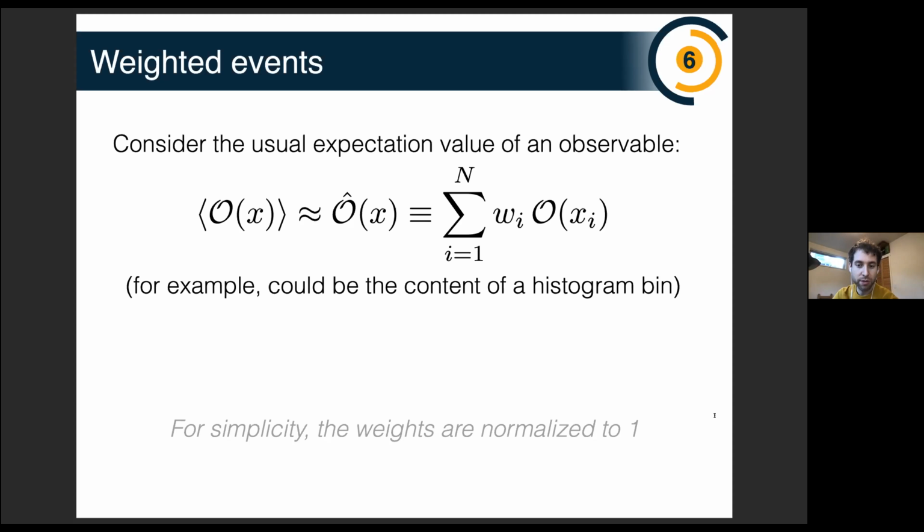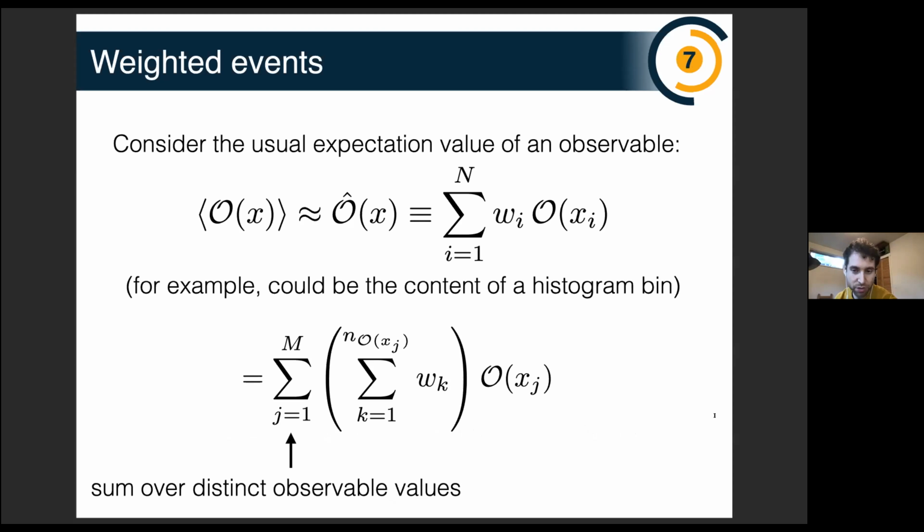The really important thing, which is the basis for all that I'm going to talk about today, is that you can reorganize this sum to write it like this, where you sum over all the unique values of the observable, and then for each unique value, you sum over the weights for all the events that have that value of the observable.